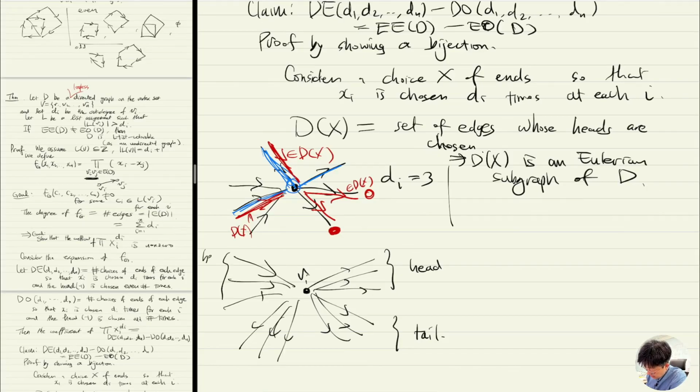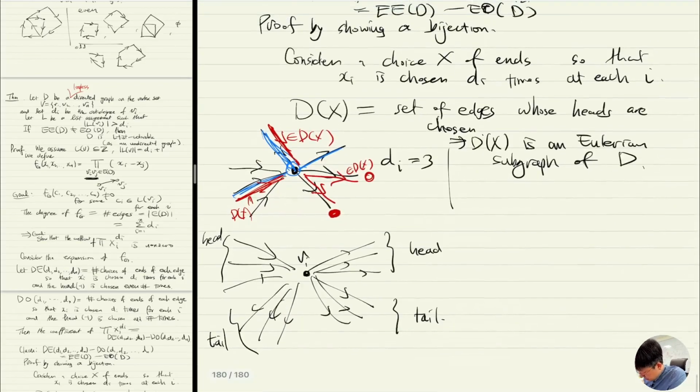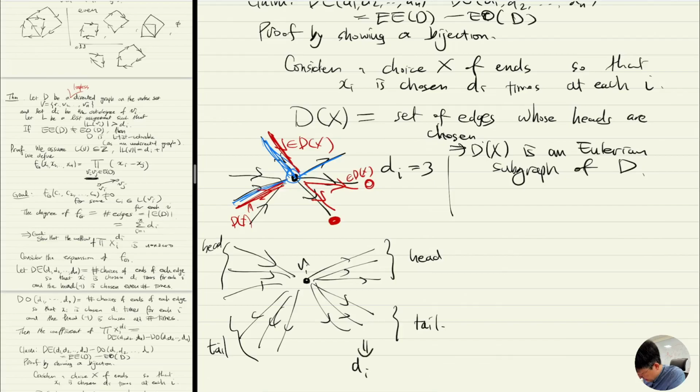And let's say this head was chosen, tail was chosen. Then what is in dx? The number of edges here is di, and head was chosen, so these are in dx. And these are also in dx.